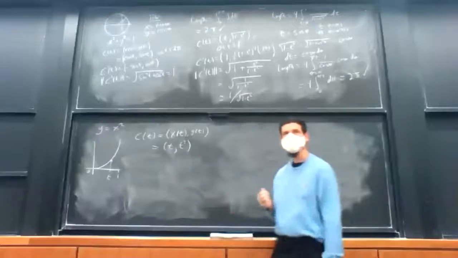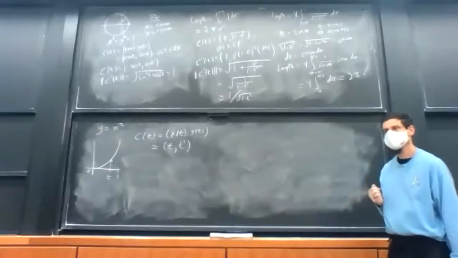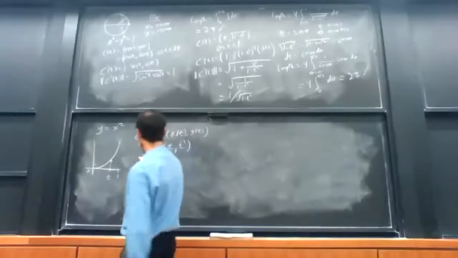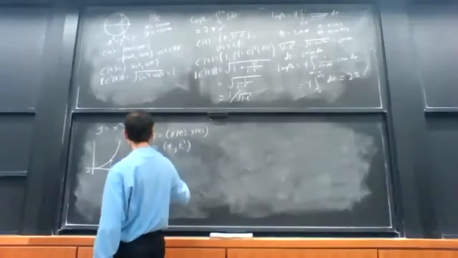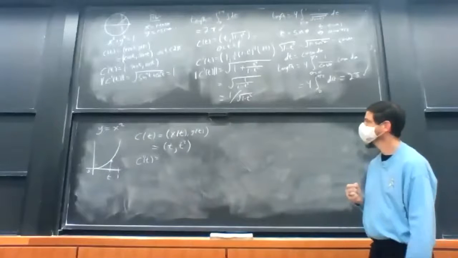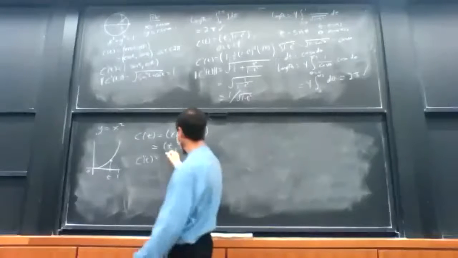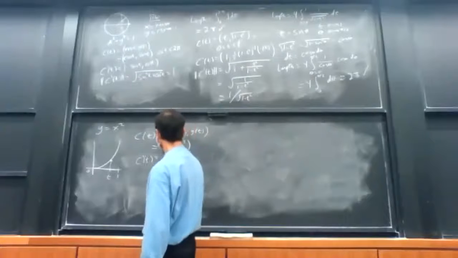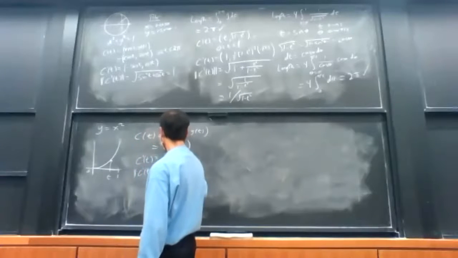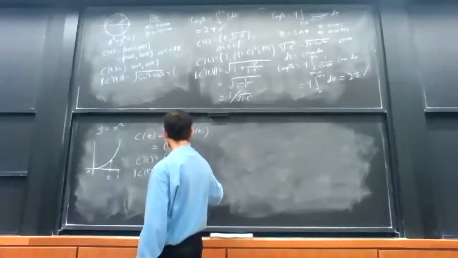Okay, t squared, is that a nice function? Doesn't look so bad. Let's calculate its derivative. c prime of t is what? It's 1, 2t. And so the length of c prime of t is the square root of 1 plus 4t squared.